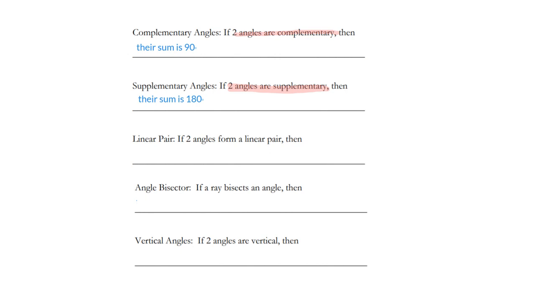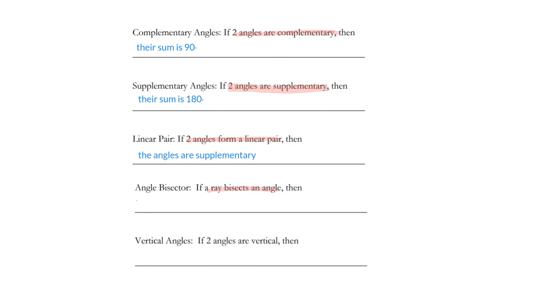Next, a linear pair. If two angles form a linear pair, then what is true? Well, what is true, based on its definition, is that the angles are supplementary. So a linear pair's definition is that it forms a pair of supplementary angles on a straight angle. You might have said then they add up to 180, or their sum is 180 degrees, and that would have been fine too. Angle bisector.